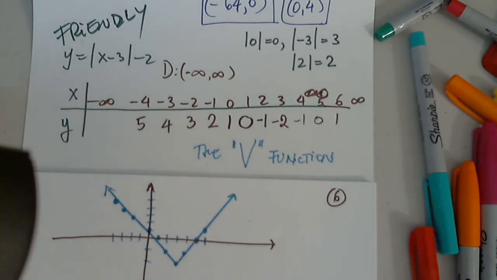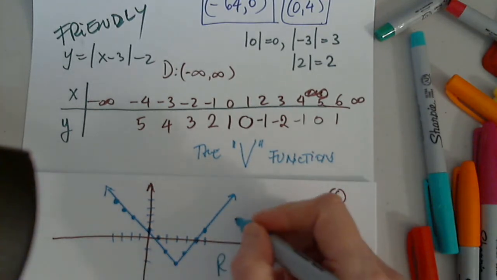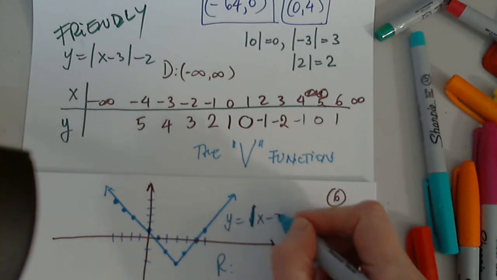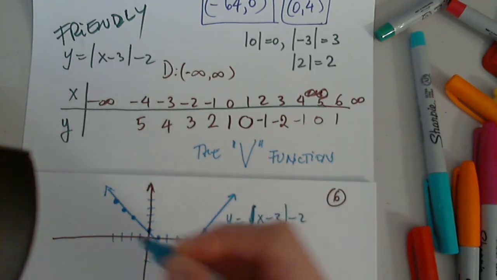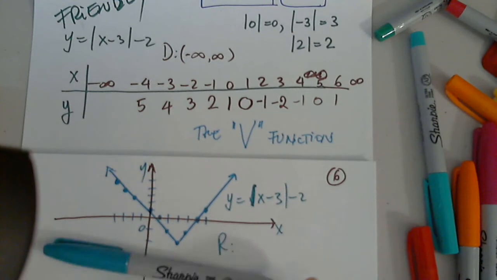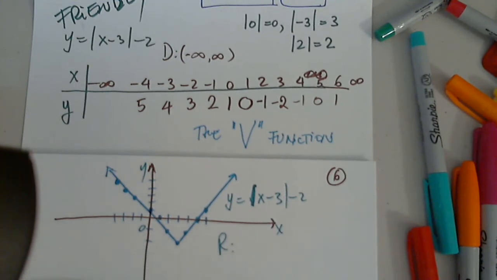Can anyone give us the range of this function? So let me stop sharing because I need to show here. For the range of the function, we start from the lowest y value.